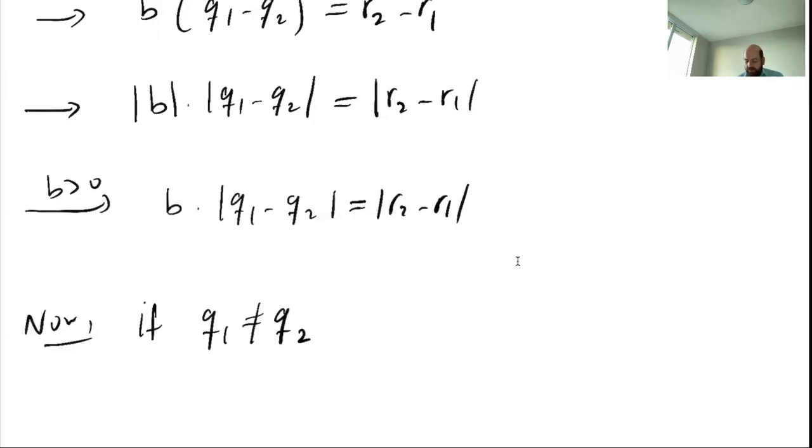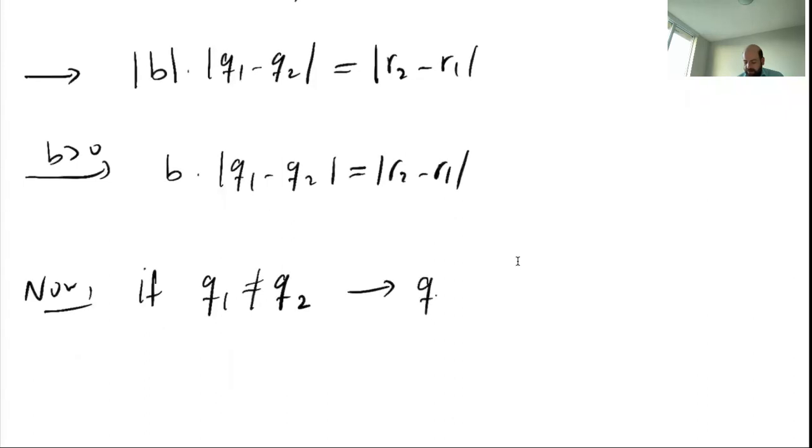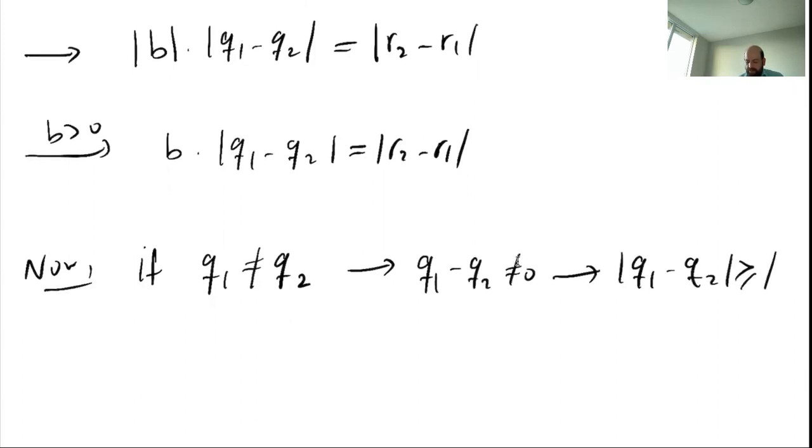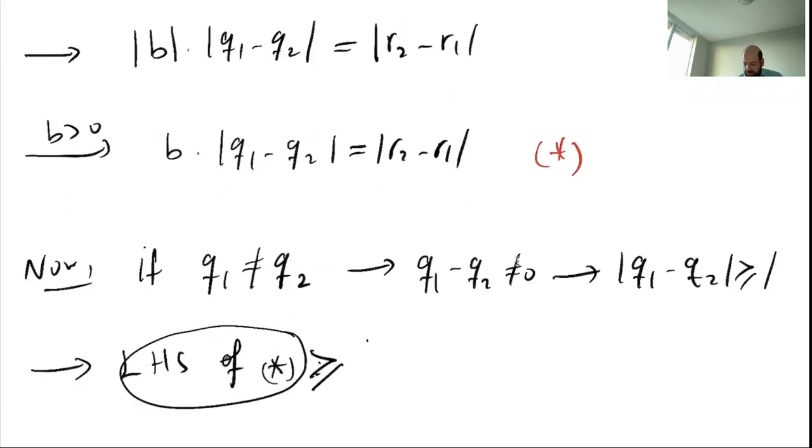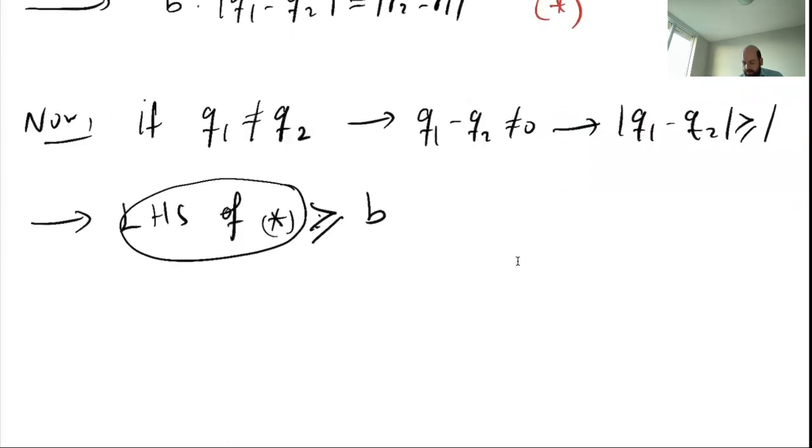So if Q1 is not equal to Q2, then Q1 minus Q2 will be not equal to 0. And therefore, the absolute value of Q1 minus Q2 will be bigger than or equal to 1. Therefore, B times that, so let me call this one star, the left-hand side of star will be bigger than or equal to B. What about the right-hand side?